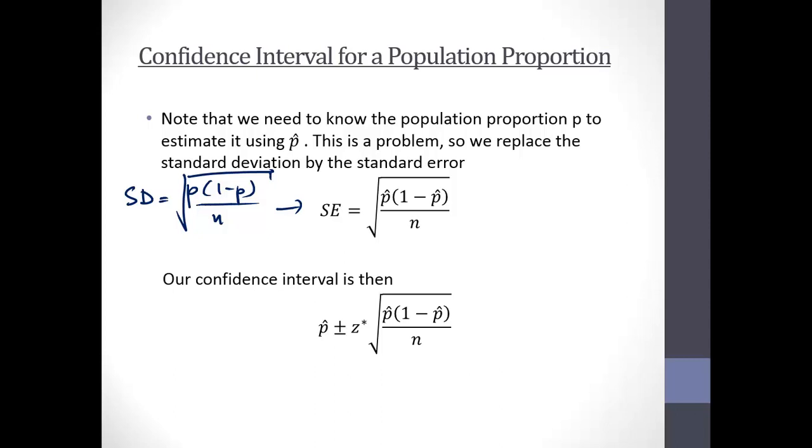Again, like before with means, the standard deviation was sigma over the square root of n, and our standard error was an estimate of that, s over the square root of n. Exactly the same idea here: we can estimate that standard deviation, which gives us our change in terminology. We're going to call that our standard error.